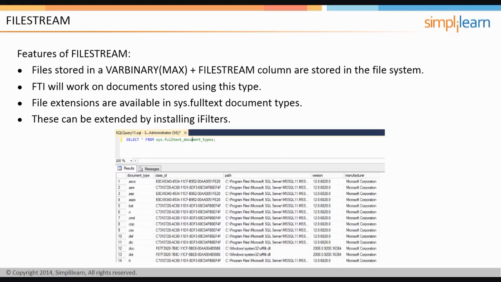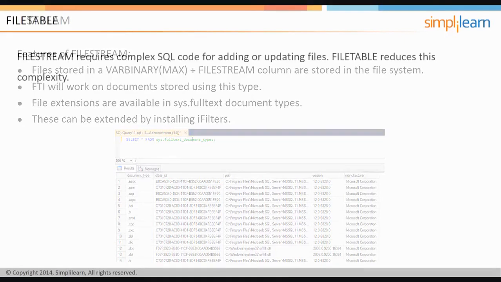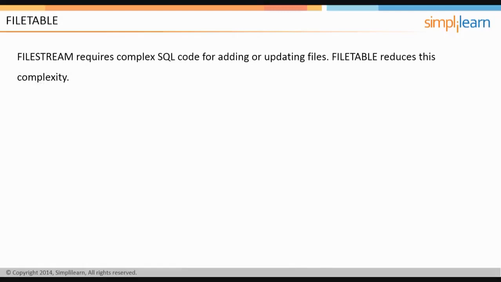The next screen discusses FILETABLE. SQL Server 2012 utilizes FILETABLE to reduce the complexity that FILESTREAM columns require to add or update documents within it. In the case of FILETABLE, instead of using SQL to add or update files, you create a new file table by simply pointing to a folder on your file system.